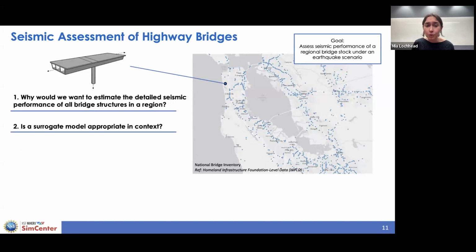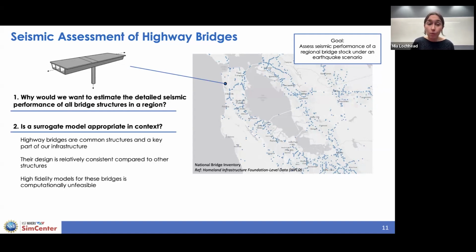The next question we can ask is, is a surrogate model even appropriate in this context? In thinking about this, highway bridges are a really common structure. As you can see in this map, these are all over the Bay Area, and they're a really key part of our infrastructure, particularly in the post-earthquake response phase.